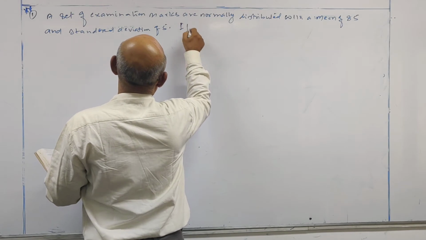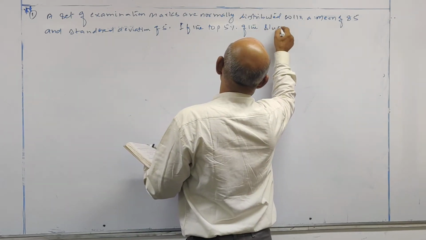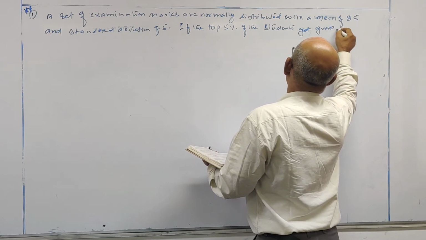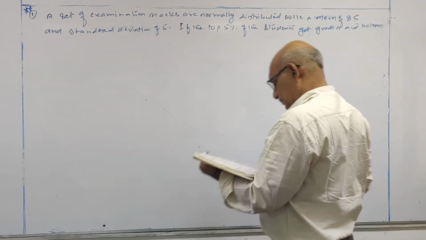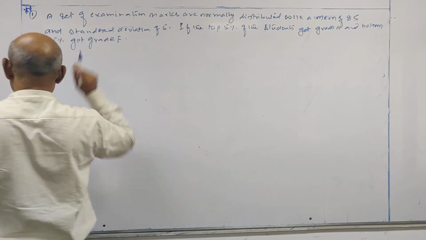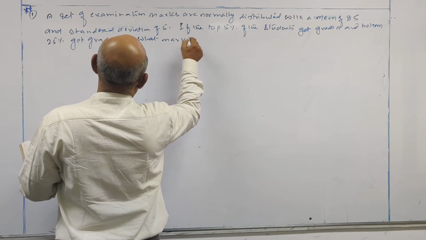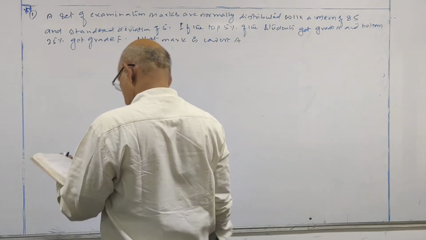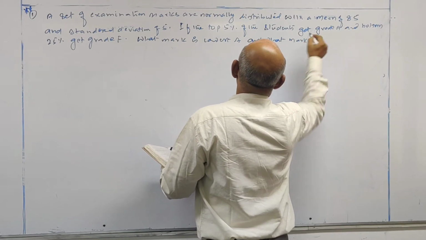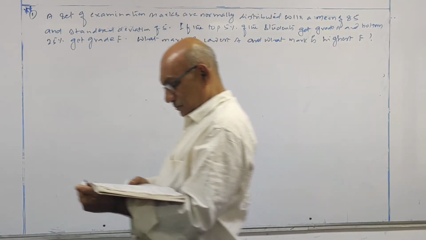If the top 5% of the students get grade A and the bottom 25% get grade F, what mark is the lowest A? And what mark is the highest F?